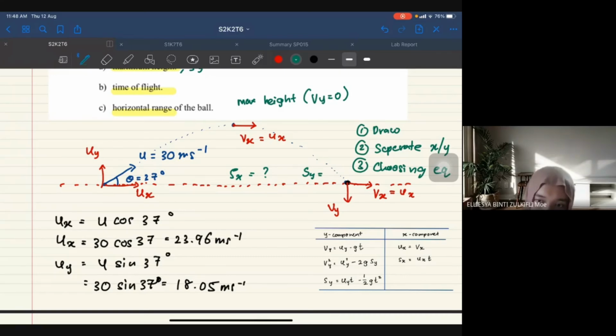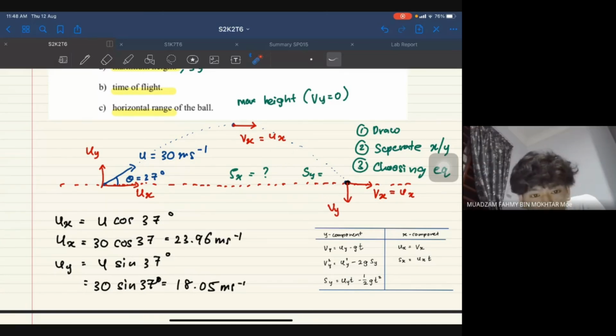Kalau 16.61 tu dia dekat maximum height. So positive 16.61 tu dia naik atas. Tapi kalau dekat sini, kat ujung sini, kalau dia naik sini 16.61, dia turun balik kat sini kosong. Sebab dia sama height. Displacement in the same height, so displacement dia equals to 0. So Sy dia equals to 0.